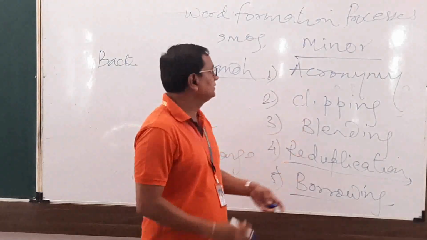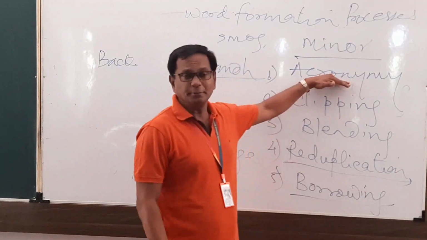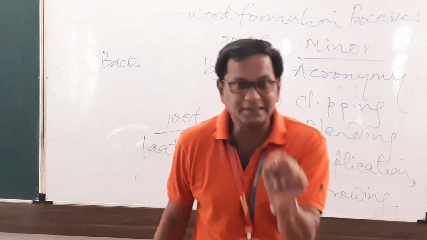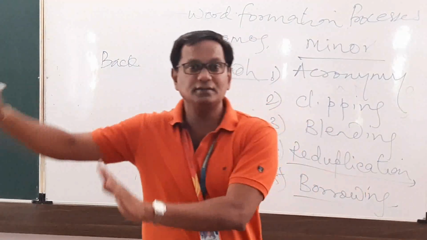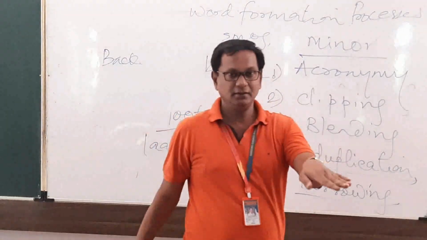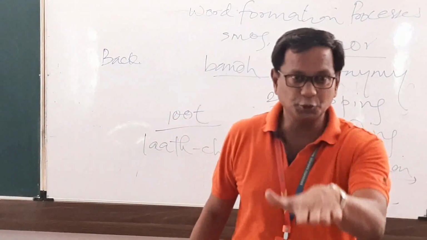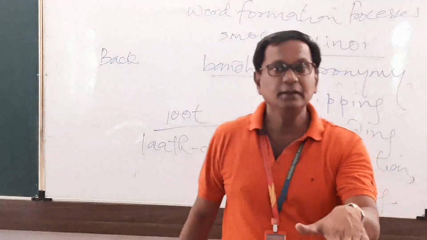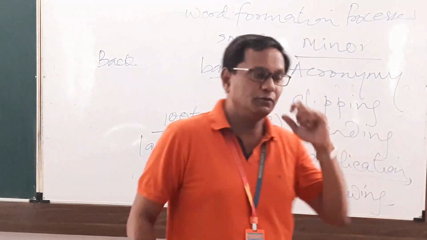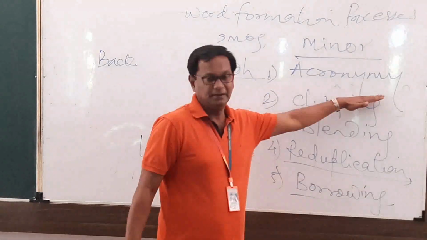Let us first revise. So acronymy is a process in which the first letters from successive words are selected to form a word. I give examples: NAC, AIR, UNESCO, UN, right? There are n number of words. So these are not just words, these are examples of acronymy.